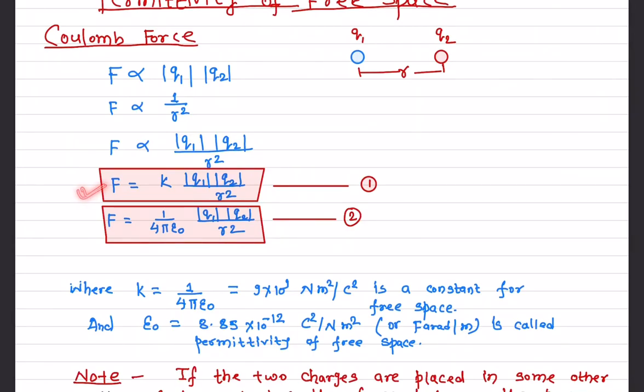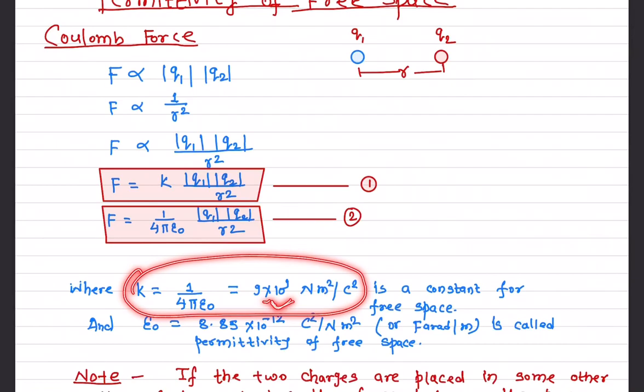So now the force between these two charges is given by this equation here, where we have introduced a constant K. This constant is also 1 over 4 pi epsilon naught.